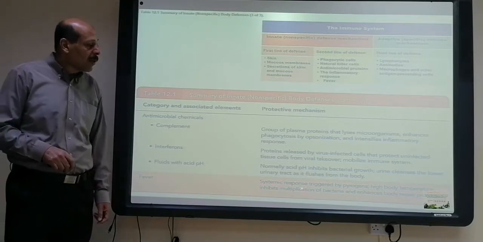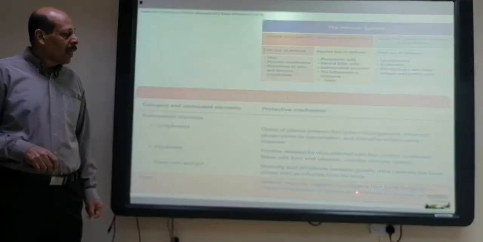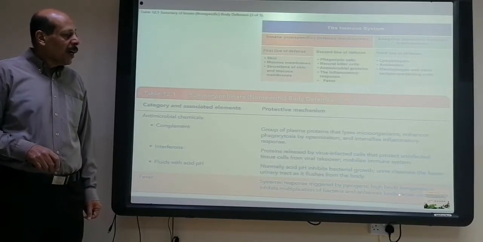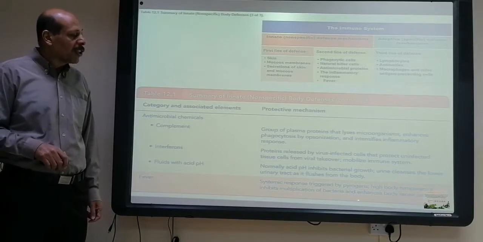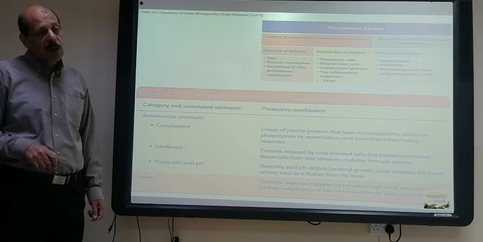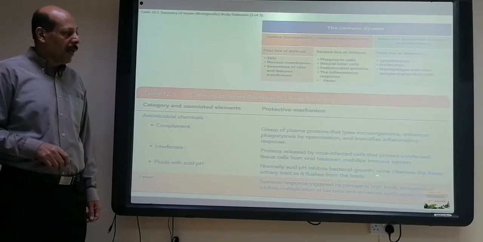Among the systemic responses triggered by the pathogens, high body temperature also inhibits the multiplication of bacteria and enhances the body's responses to injury.